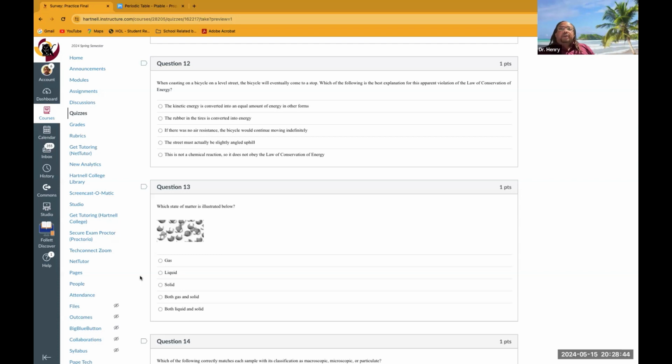B, the rubber in the tires is converted into energy. C, if there is no air resistance, the bicycle will continue moving indefinitely. D, the street must actually be slightly angled uphill. Or E, this is not a chemical reaction, so it doesn't obey the law of conservation of energy.